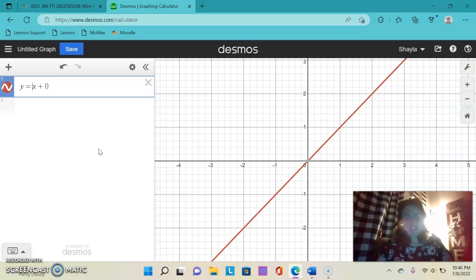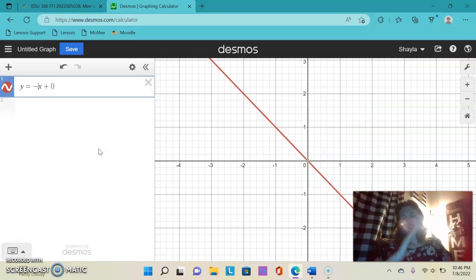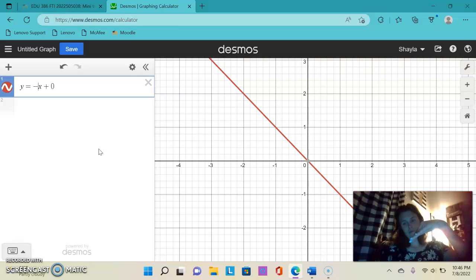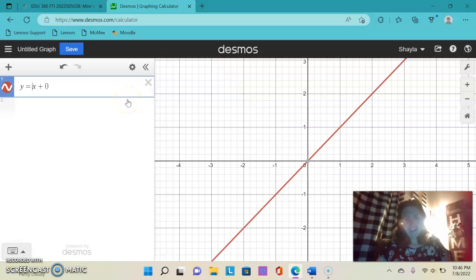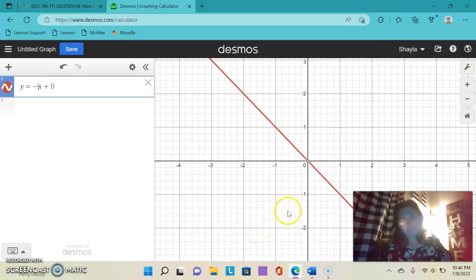Now if I have this as negative, it's going to just go the opposite direction. So if I have it at 1, it's positive, so it's going to be going up this direction. Whereas if I have it negative, it's going to be going down.